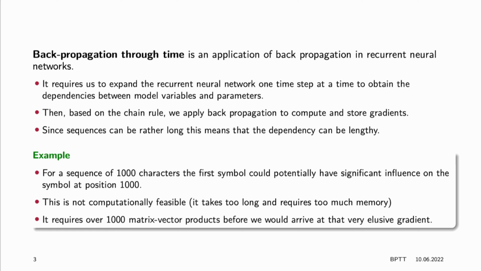However, since sequences can be rather long, the dependencies in our computations can be quite lengthy, also between the beginning of the sequence and the end of the sequence. Let's look at an example. For a sequence of 1000 characters, the first symbol could potentially have significant influence on the symbol at position 1000.